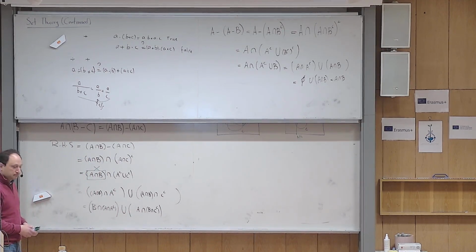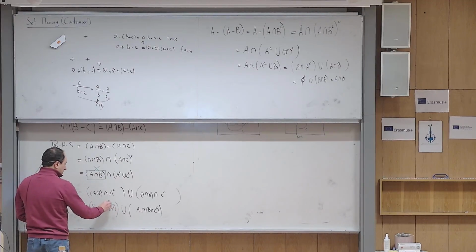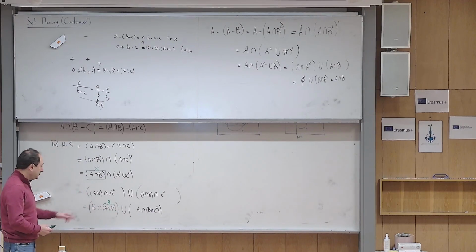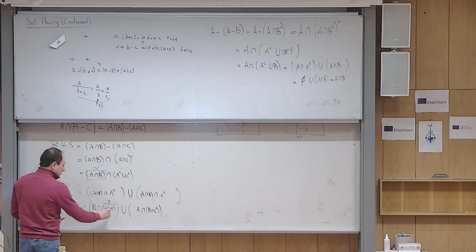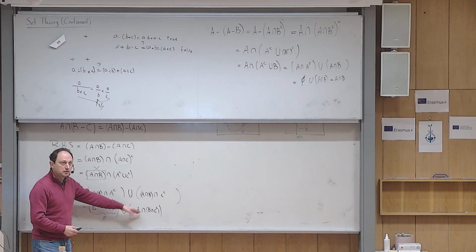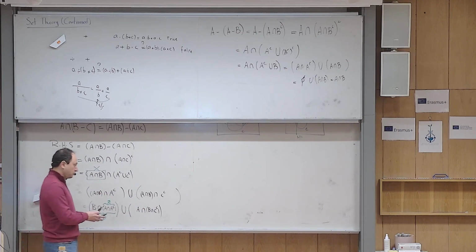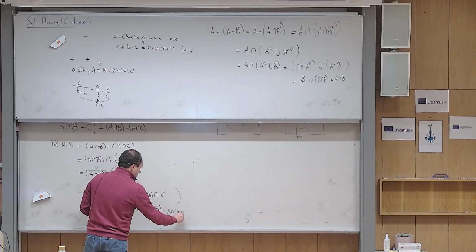So far so good. But can you tell me what is this one? This is the empty set. And then B intersection with the empty set is what? The empty set. And the empty set union with this set is the set itself. So it becomes equal to A intersection B intersection C complement.